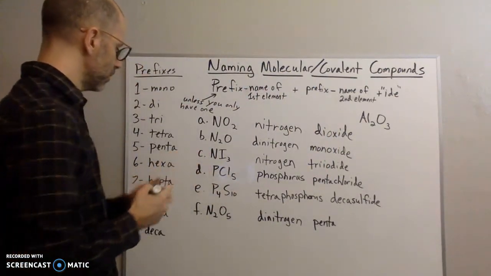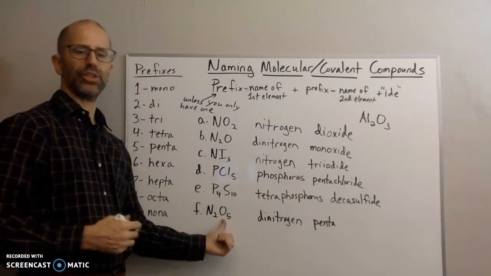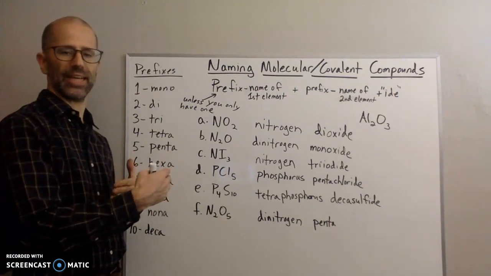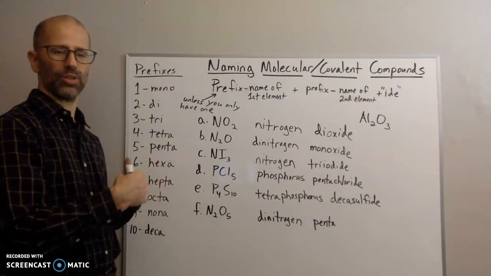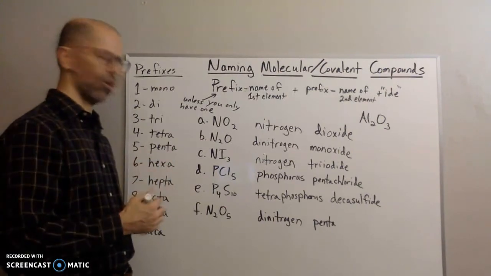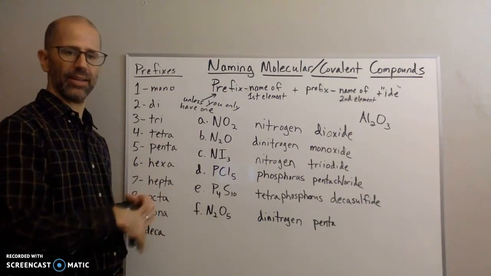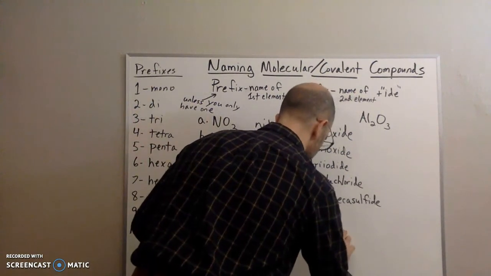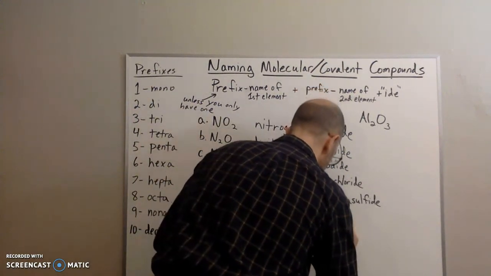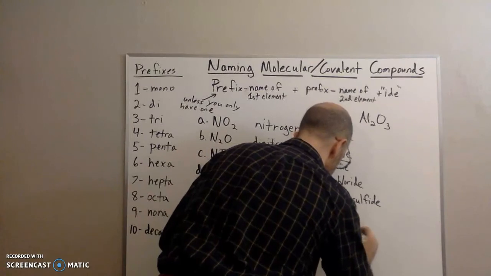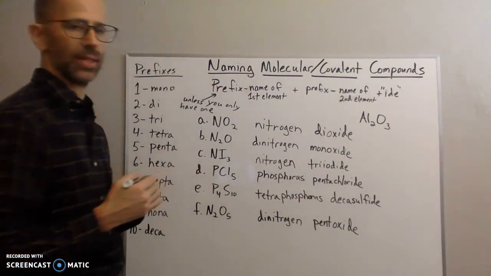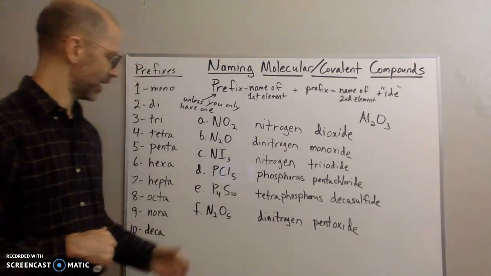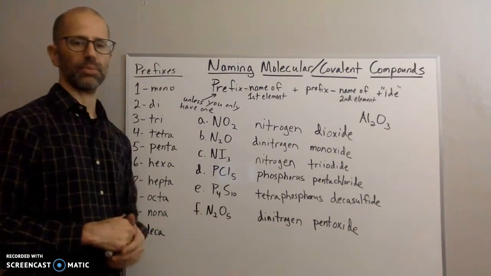But because oxygen begins with a vowel, having those 2 vowels together doesn't really help. It would be pentaoxide, so we drop the A and we just say pentoxide. Not pentaoxide, pentoxide. So dinitrogen pentoxide is the name of this substance here.